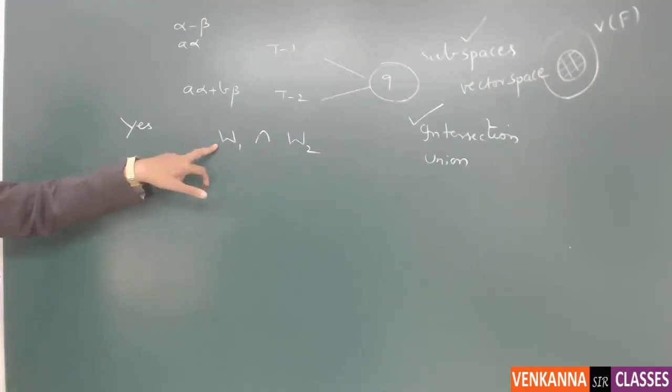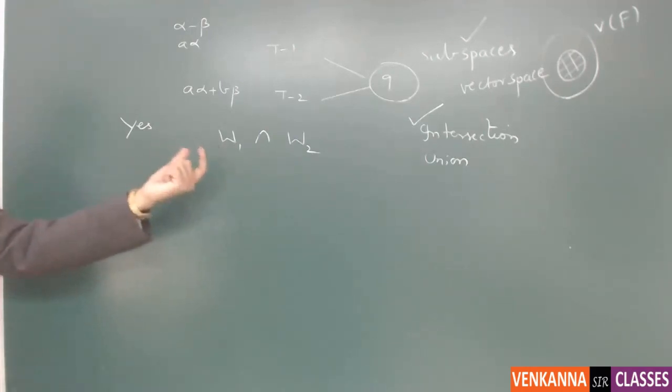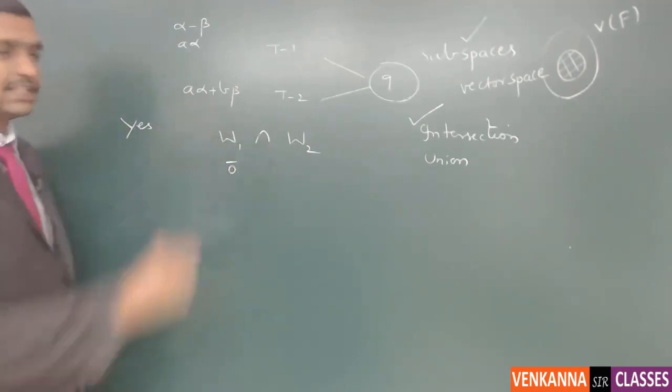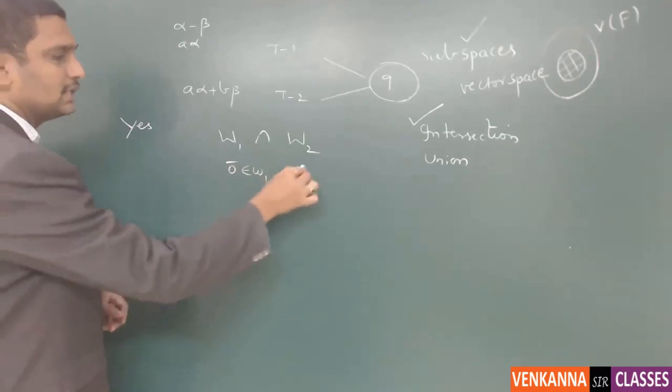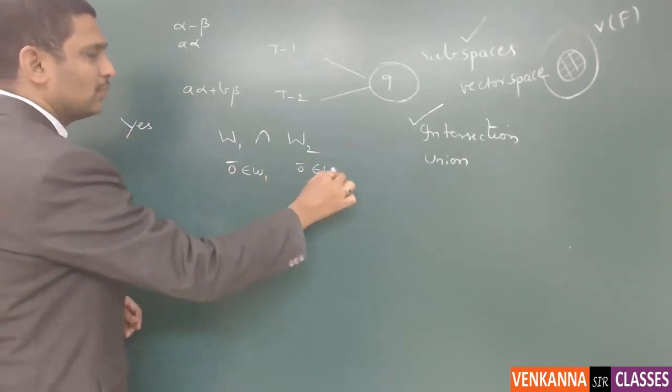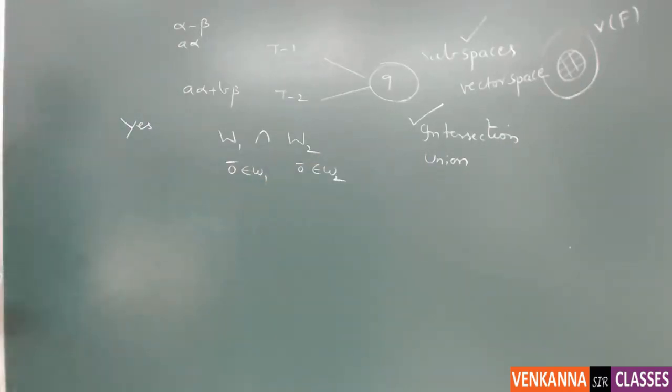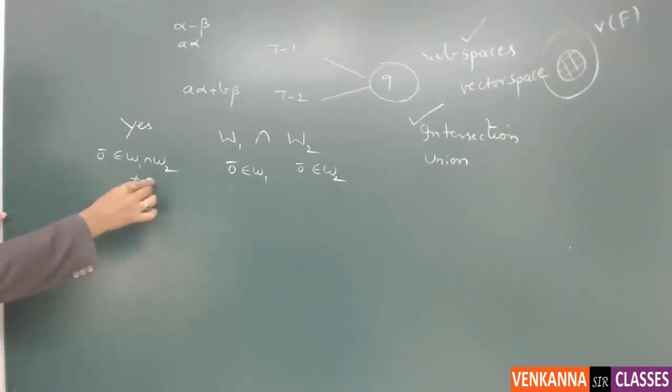Since every subspace contains the 0 vector by default, we can say 0 vector belongs to W1 and 0 vector belongs to W2. Hence 0 vector belongs to the intersection. So the intersection is always a non-empty set.